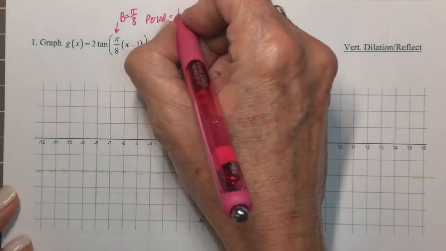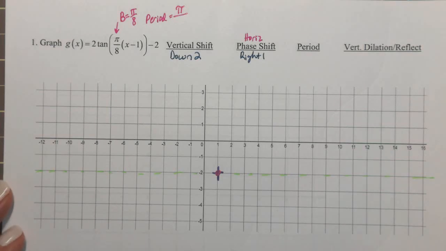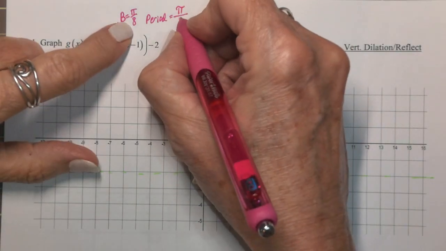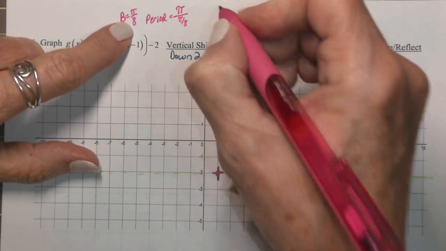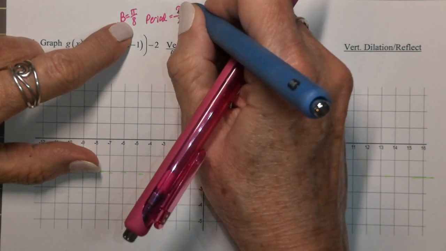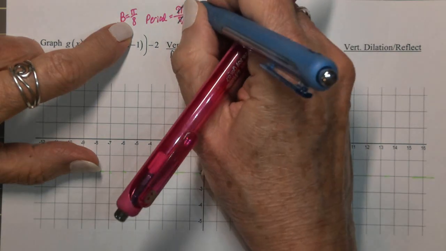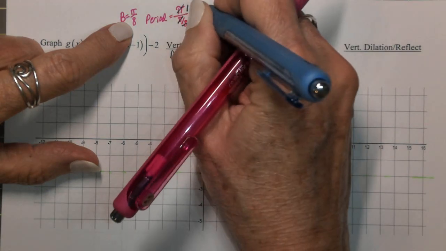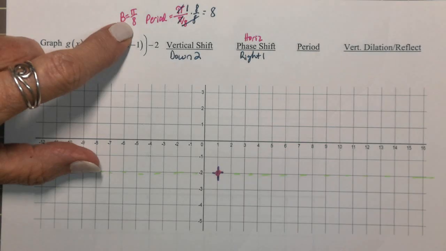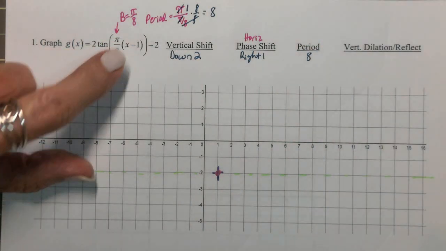The normal period for tangent is pi, not 2 pi. 2 pi is for sine and cosine. The normal period for tangent is pi, and I divide that by pi over 8. These pi's are going to cancel, leaving a 1 on top. And then I multiply top and bottom by that 8, and I get 8 for the period. So the period is 8.